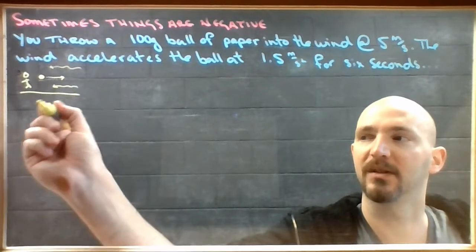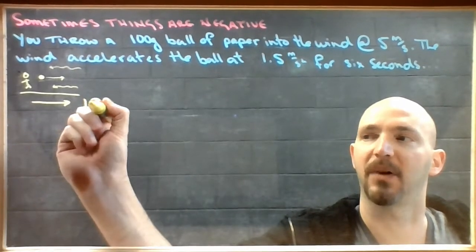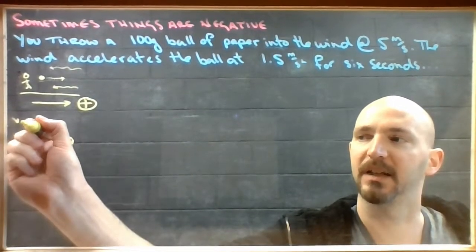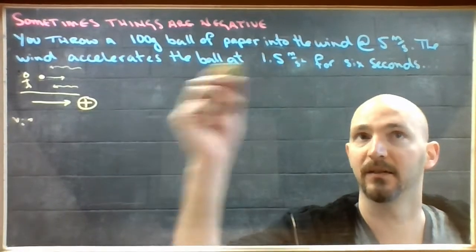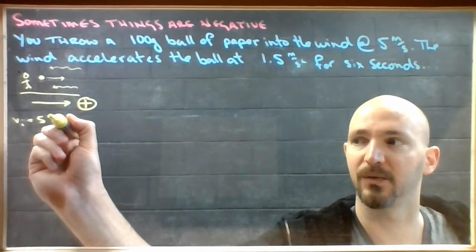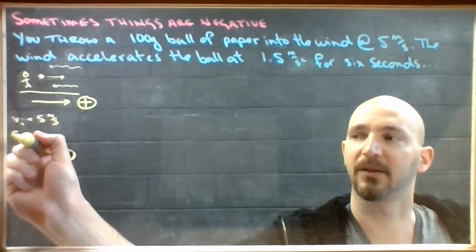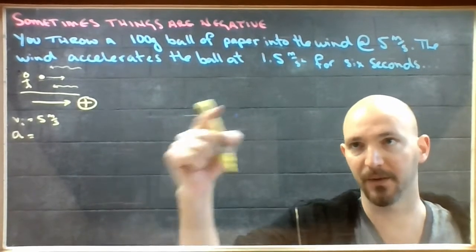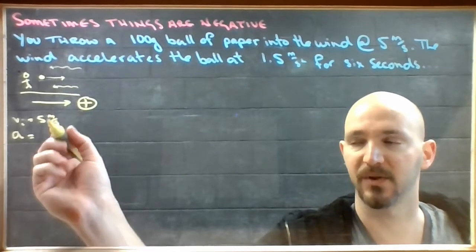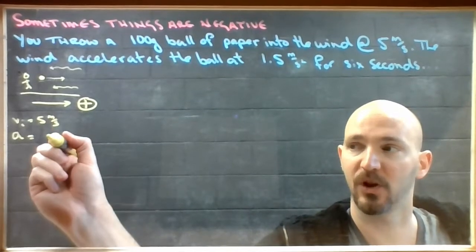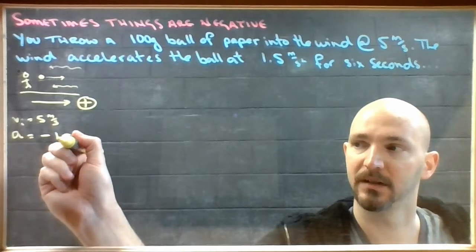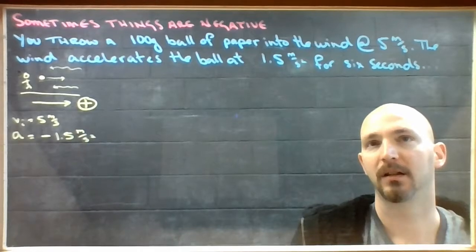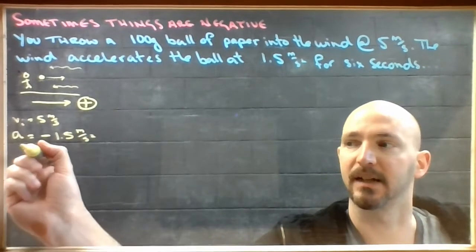So if I choose rightward as the positive direction, then my initial speed is 5 meters per second to the right. My acceleration, because I threw the ball into the wind, is the other way, 1.5 meters per second squared to the left, and I'm going to show left by using a negative. And I have a time here of 6 seconds.